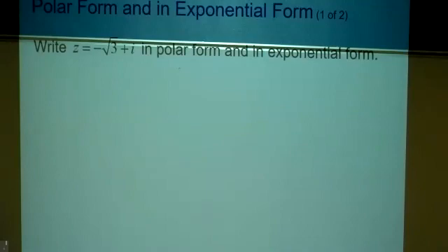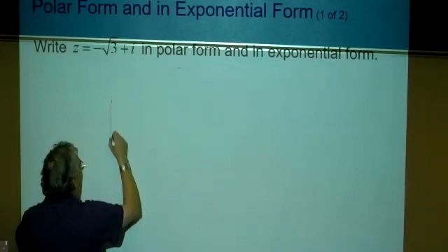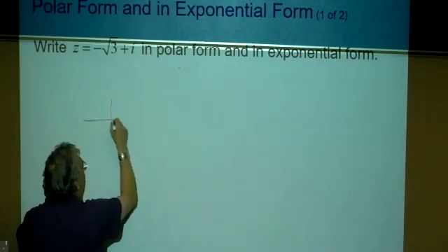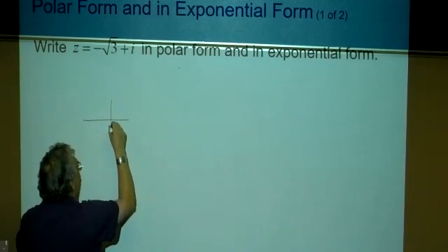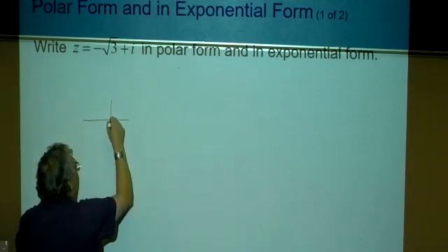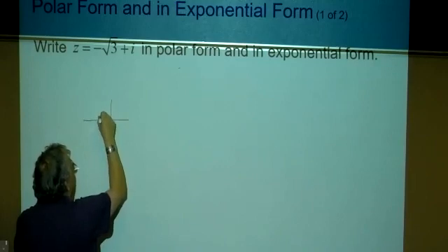All right, write this in polar form and exponential form. Okay, so first of all, we look at where it winds up. And that is negative square root of 3, which is somewhere in here, and then 1. So this is the point.